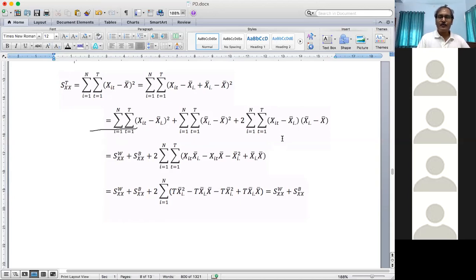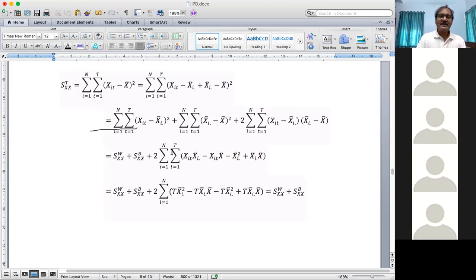So to find this result at first hand, just multiply this part xit minus x bar i dot by xit minus x bar. So you will get this, and to get this part from this, here you have sum twice, one from i is equal to 1 to n, then t is equal to 1 to T. So let us retain this summation part i is equal to 1 to n, but we have taken the sum only over time.